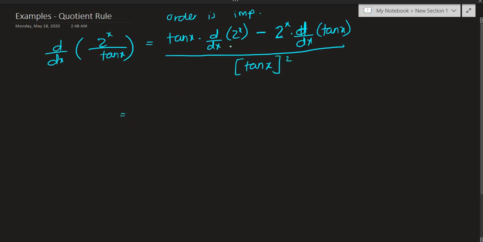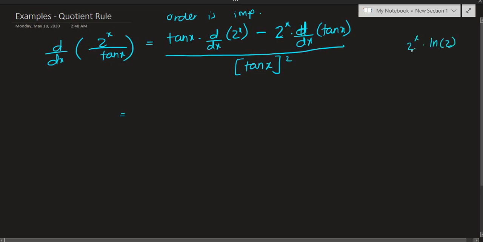So now what's the derivative of 2 raised to x? What's the derivative of an exponential function? It's that same exponential function times the natural log of the base. Here it's 2, so natural log of 2. So this becomes 2 raised to x times the tangent of x times the natural log of 2 minus, well, 2 raised to x is waiting, so 2 raised to x times what's the derivative of the tan of x?